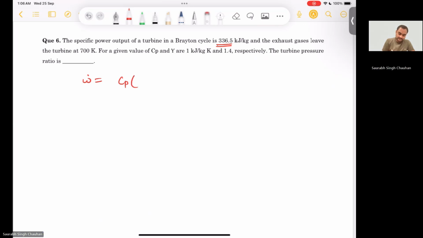Cp times T3 minus T4. This is turbine output.